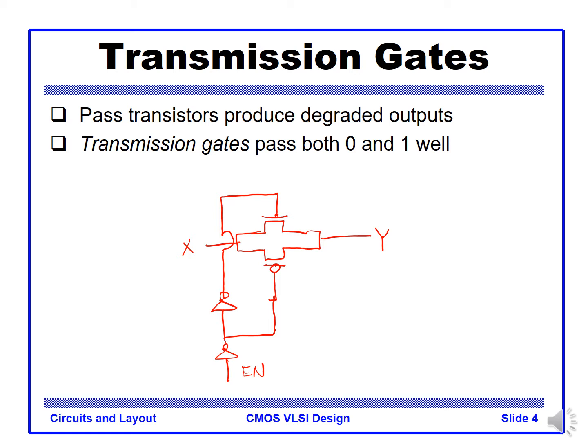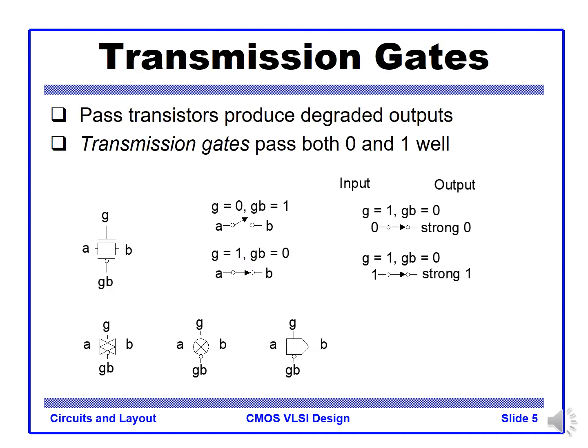If you want to connect X and Y, then assert the enable to VDD. To summarize, the pass transistor by itself produces a degraded output, so we have to use a transmission gate that passes both 0 and 1 well.